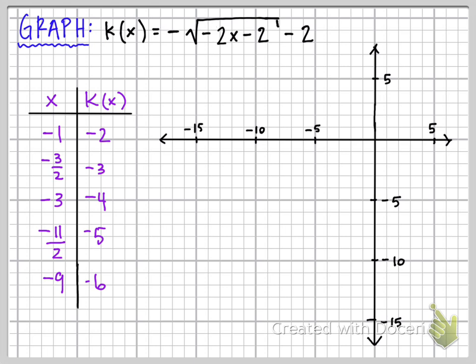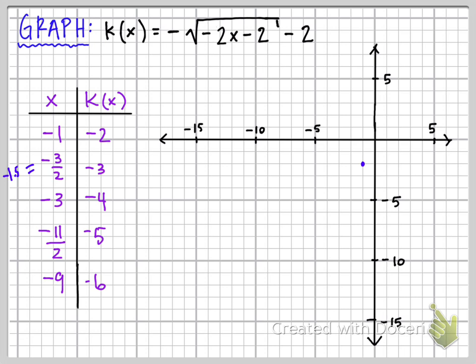X is negative 1, y is negative 2. Now, I'm not really good at graphing negative 3/2, but you guesstimate it, right? What is negative 3/2? Isn't that approximately negative 1.5? Oh, that's not approximately. It is negative 1.5, right? Like, that is a divisible fraction. It's not like over 9, where it's a repeating decimal. So I'm going to go to negative 1 and a little half of it, and I'm going to go to 3.